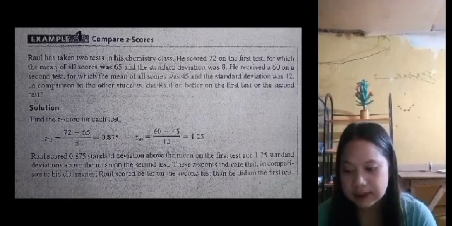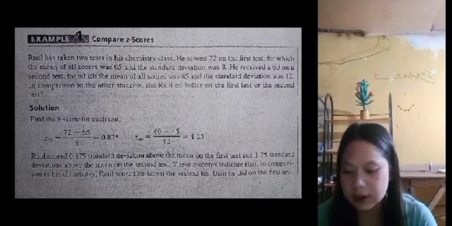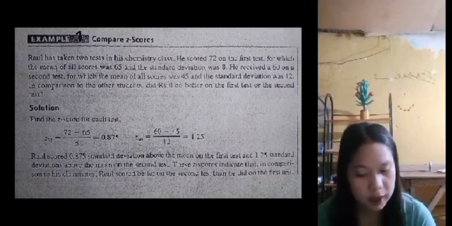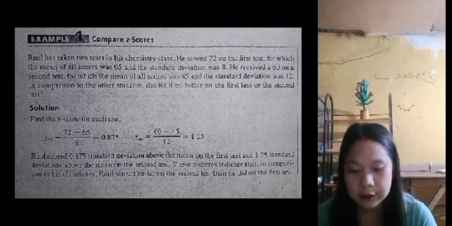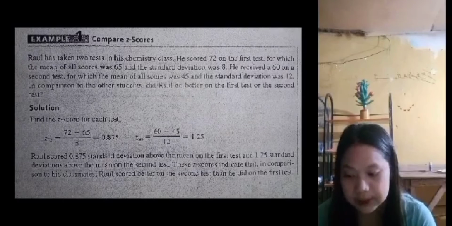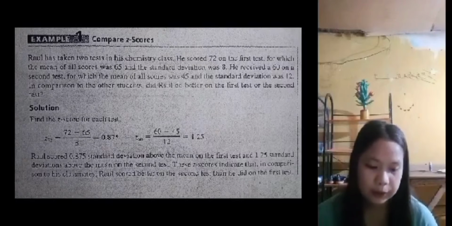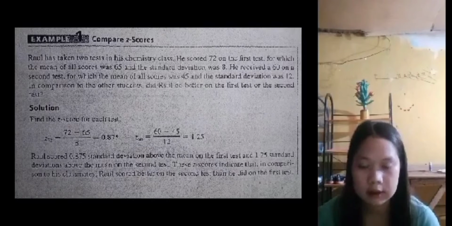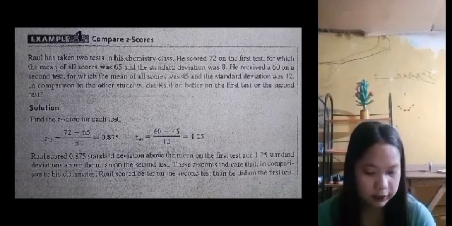He received a 60 on a second test, for which the mean of all scores was 45. The standard deviation was 12. In comparison to the other students, did Raul do better on the first test or the second test? So, yan po yung aalamin natin kung saan mas mataas nakakuha si Raul ng score.